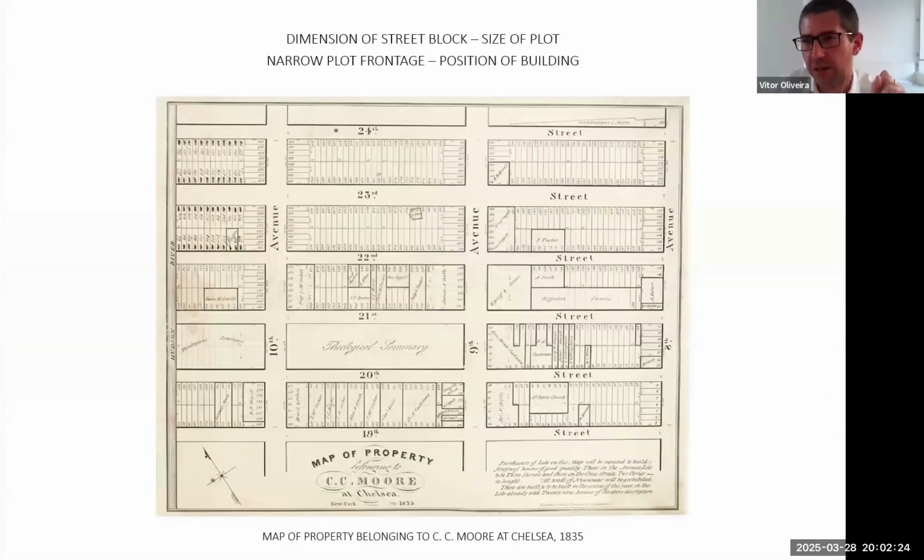Through the size of the street block, it defined the possible sizes of plots. Each of these plots could be 6 or 7.5 meters wide. This narrow plot frontage meant that the rational position of a building would be facing the street.